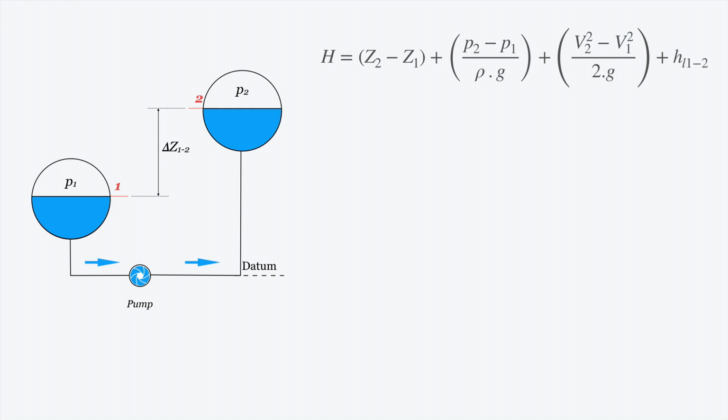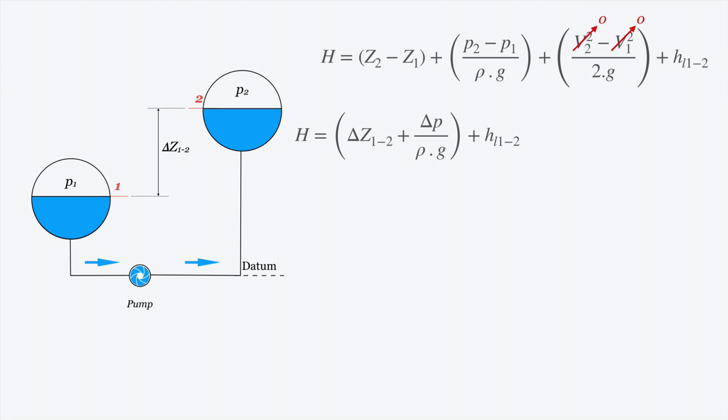We have the equation here. We can remove the velocity from the equation because we have selected that the sections are located over the liquid surface where velocity is 0. So now we have this equation.